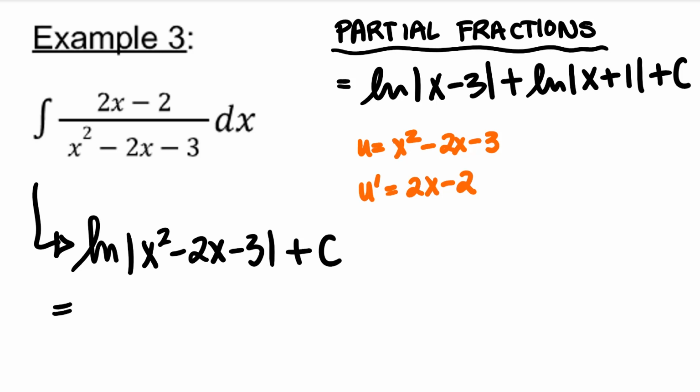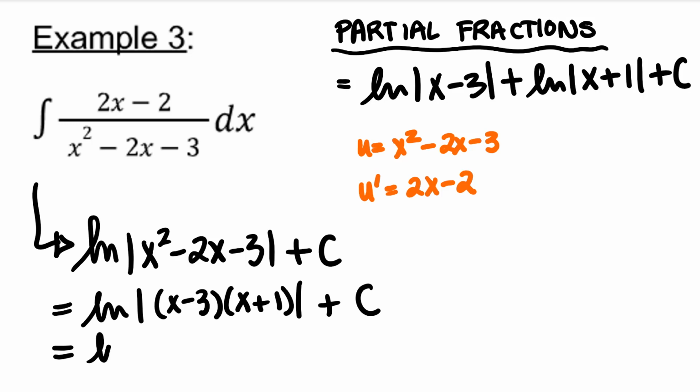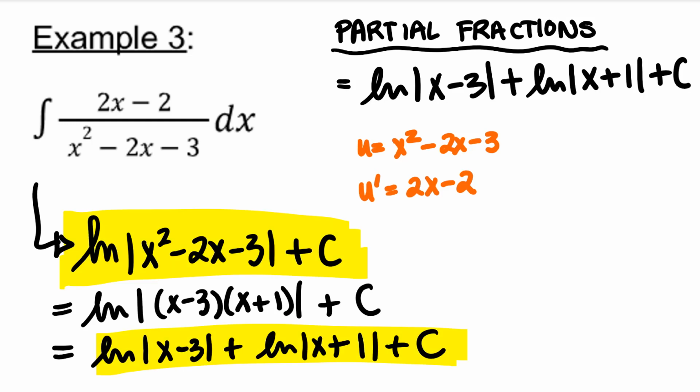Yes, because by properties of logs, we could factor this to be x minus 3, x plus 1, and the log of a product is the log of each piece of the product added. Either of these would be acceptable answers.